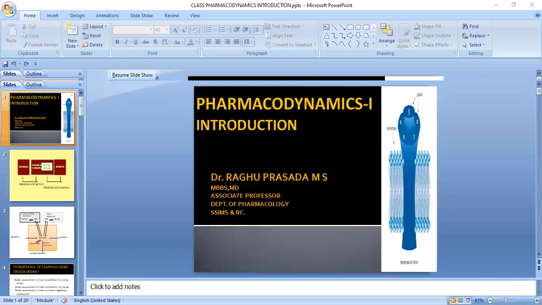The chloride will normally be moving, but when we add an agonist, the chloride movement will be increased. The benzodiazepines are the agonist.